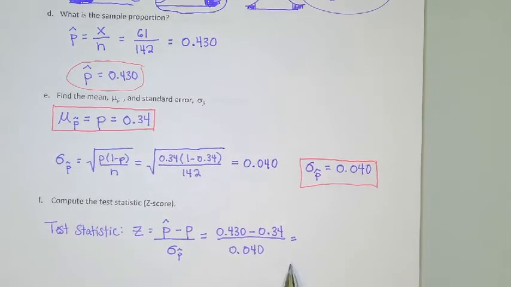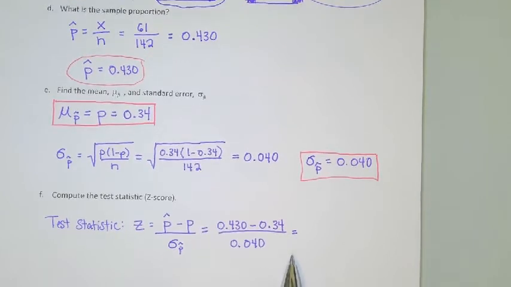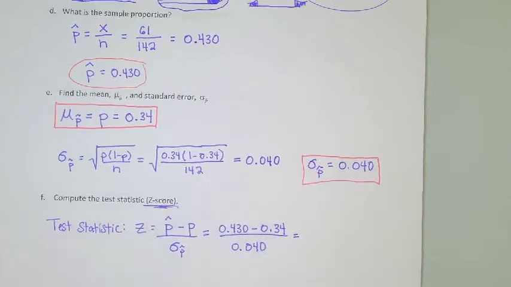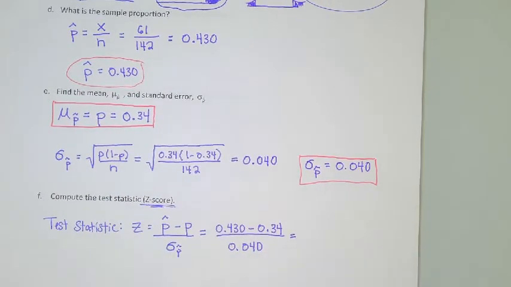So I'm going to type that into my calculator. And because we're finding a z-score, this is the one incident where we want to actually round to just 2 decimal places instead of 3. Everything else we can round to 3 decimal places. Z-scores, we just round to 2 decimal places.